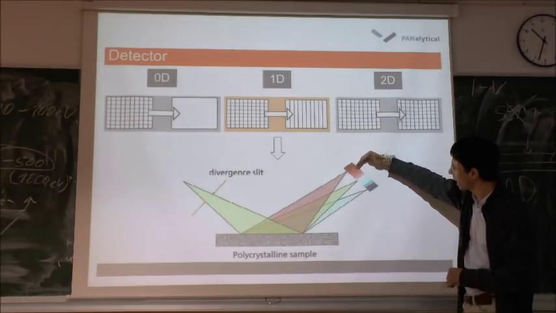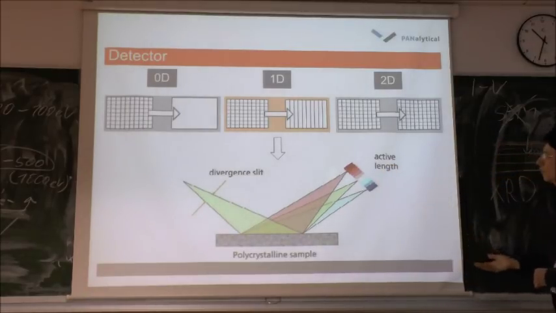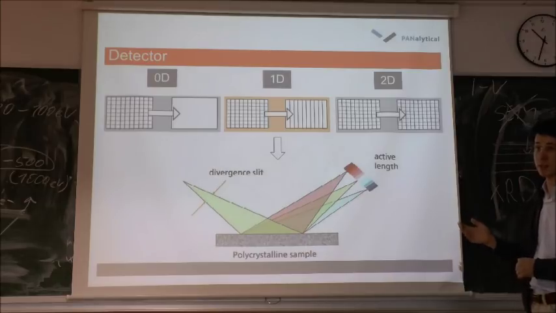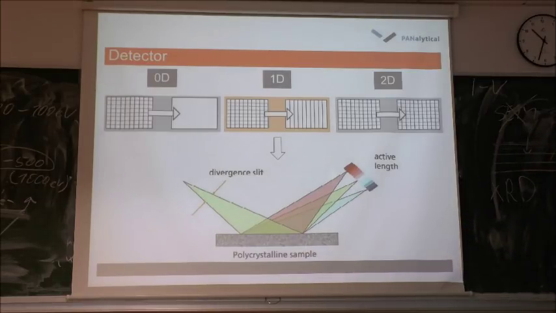Each line acts as an individual detector, so we have like 256 detectors at the same time. That means the acquisition time is divided by 256 compared to a normal zero-D detector. And then you can already get a nice spectrum after 2 minutes, in the 2 theta range from 10 to 60, something for routine verification of the synthesis between two solids.